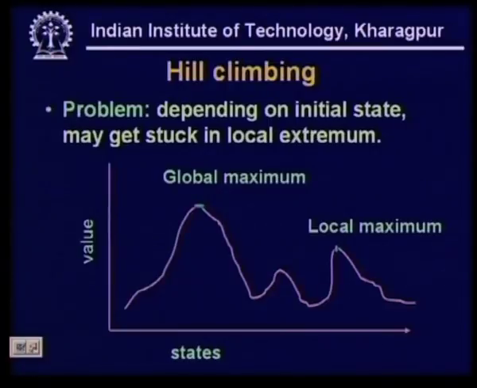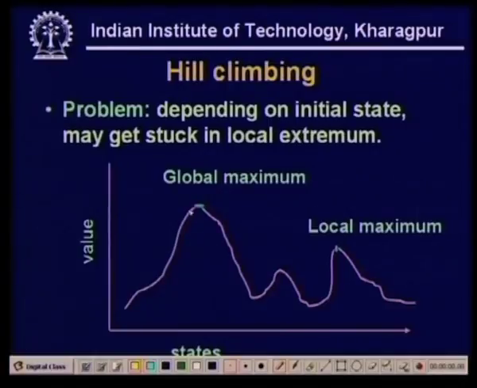This is a schematic diagram of the state space of hill climbing. We are starting at a particular position and we want to move to a neighbor whose value is larger. Depending on which initial state we start from, we can get stuck in a local extremum.